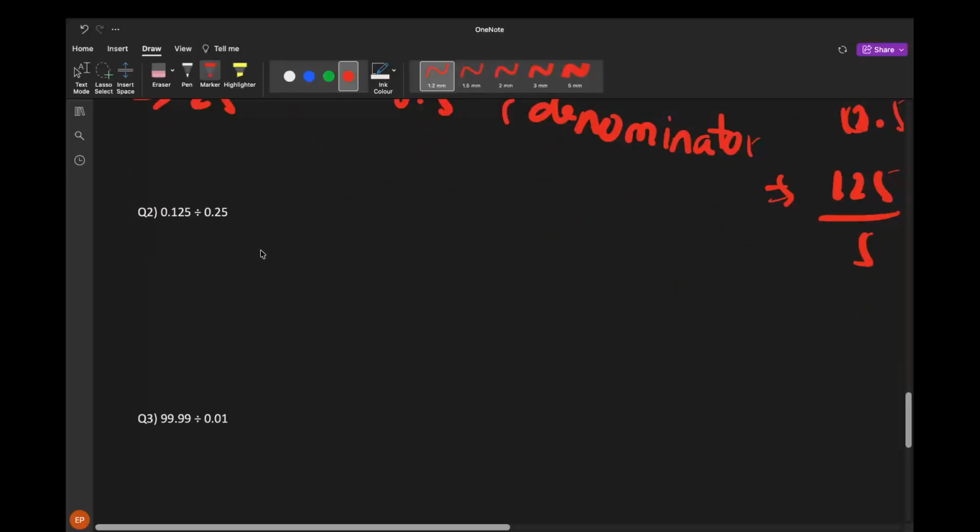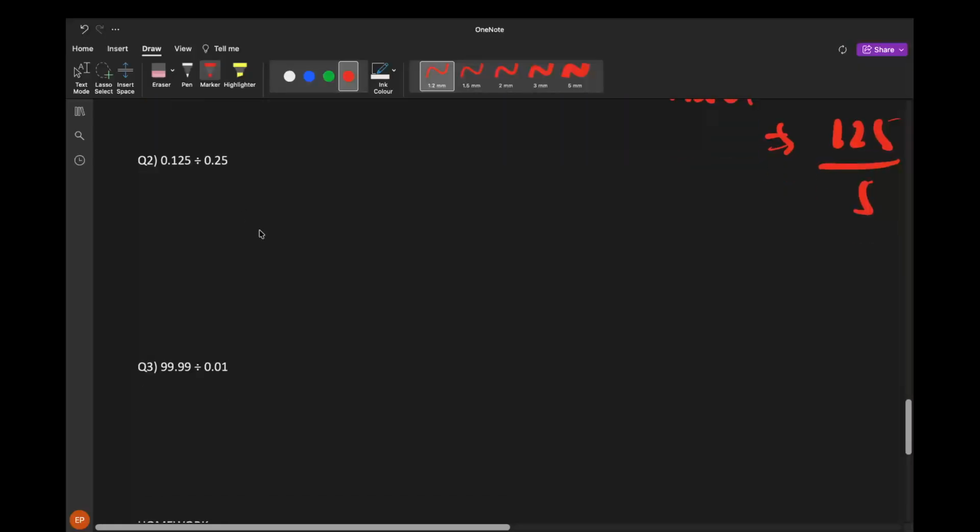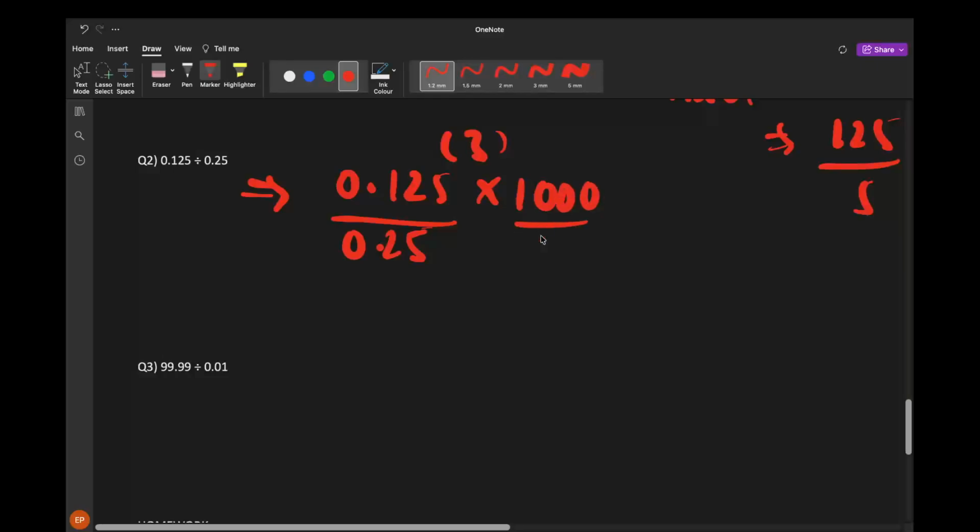Try to solve it. Pause the video. Okay. Check it with me. 0.125 divided by 0.25. In which part do we have more digits after the decimal? In this one, right? 3 digits. So multiply with 3 zeros after 1. I told the reason for doing these things in the previous video.